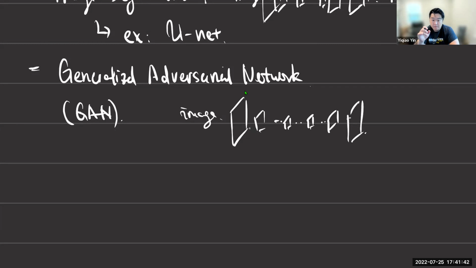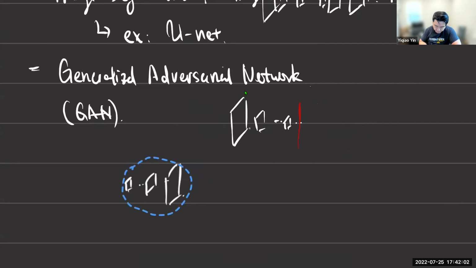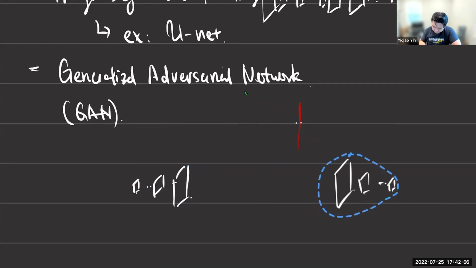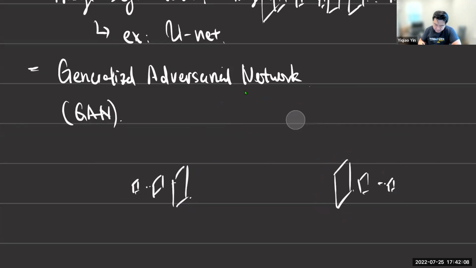Okay, so what GAN is doing is take this apart and treat it as two different components. In order to do so, I'm going to have to erase this part, and then make a cut in the middle. Then what GAN is doing is, it says take this, put it here, and then take this and put it here. Okay, now I can get rid of this line.